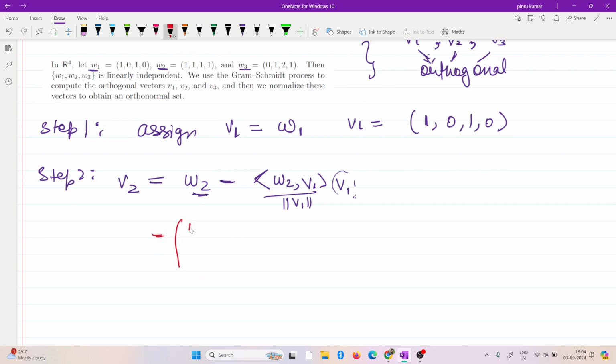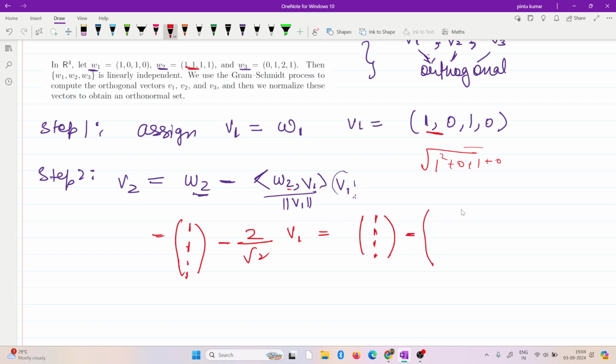So W2 is (1, 1, 1, 1). Let's take the dot product of W2 and V1. So this is my V1, W2 is here. This is 1 times 1 is 1, plus 0, plus 1, plus 0. This is 2, right? What is the norm of V1? This is the square root of 1 plus 0 plus 1 plus 0, the square root of 2. So what do we obtain? We obtain (1, 1, 1, 1) minus root 2 times V1, so root 2, 0, root 2, 0.